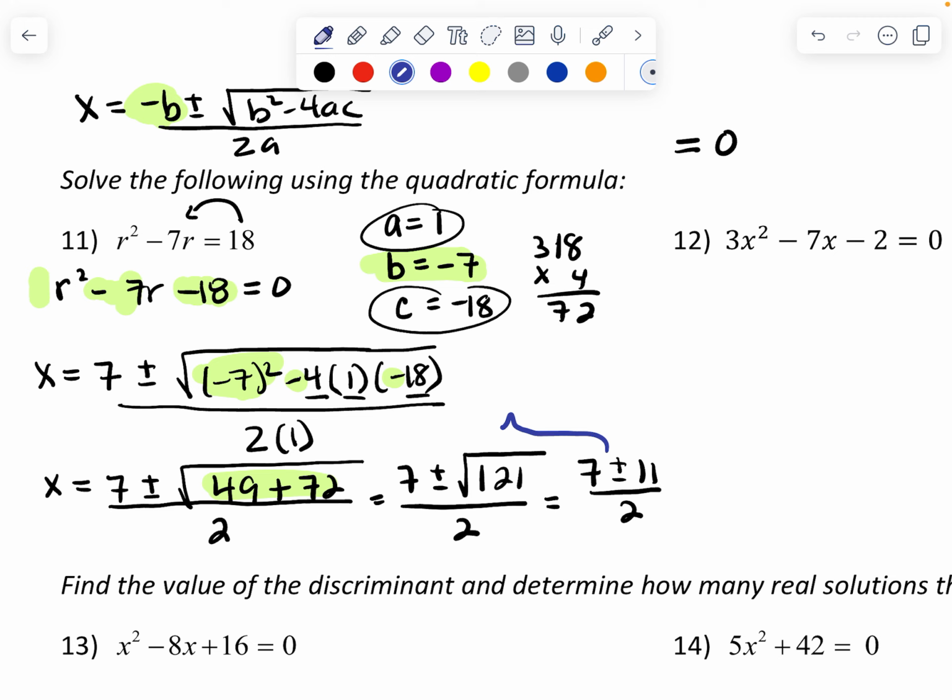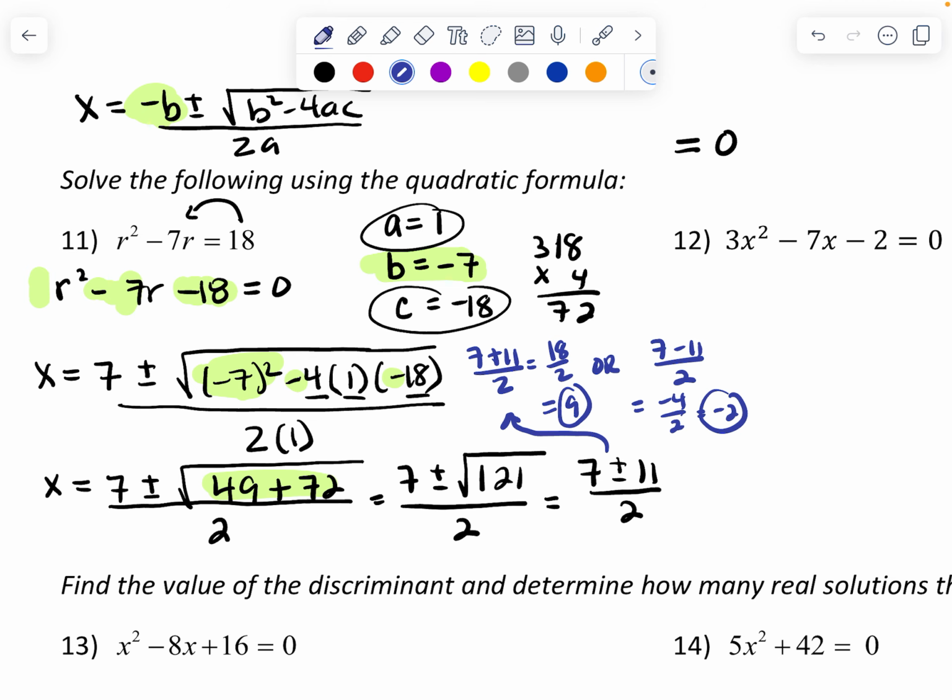This right here would either be 7 plus 11 over 2, or it would be 7 minus 11 over 2. So if I do the first one, 7 plus 11, that's 18 over 2, which is 9. So there's one answer. And 7 minus 11 is negative 4 over 2, which is negative 2. So your two answers would therefore be 9 and negative 2.